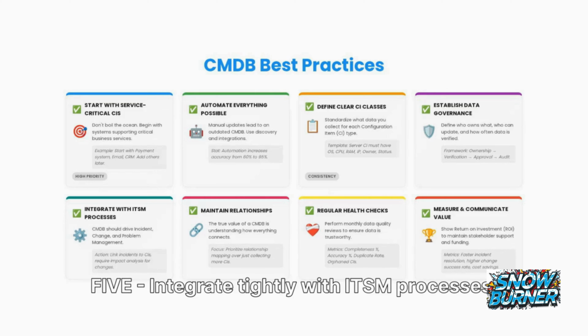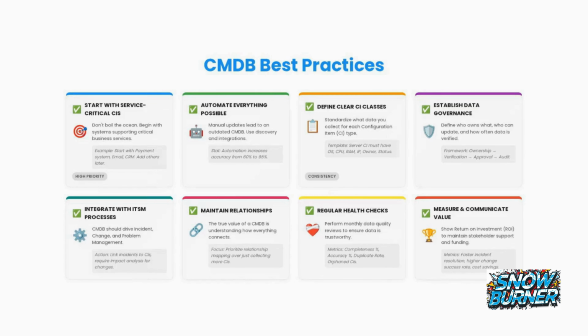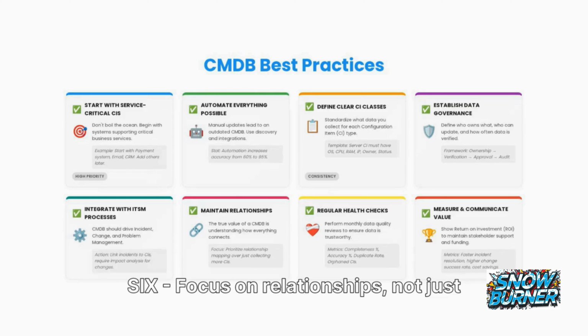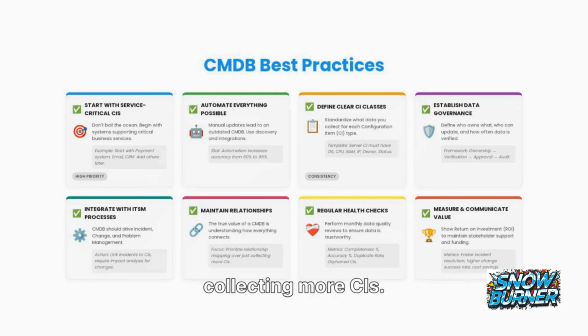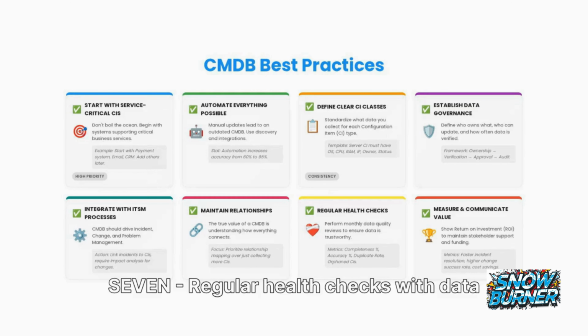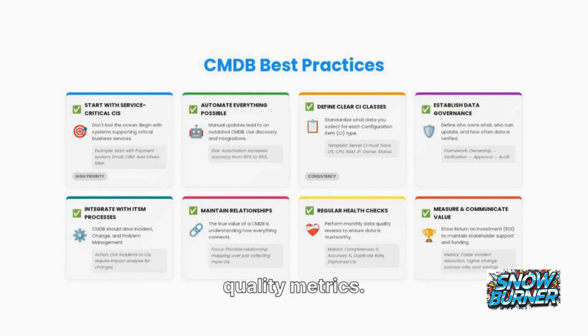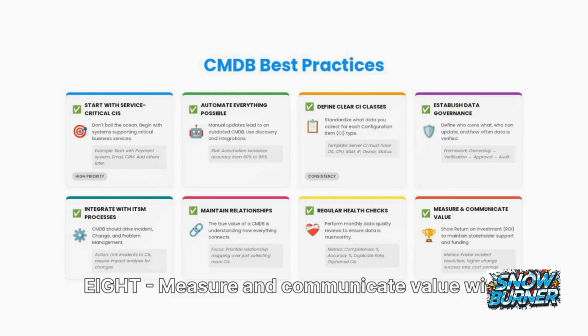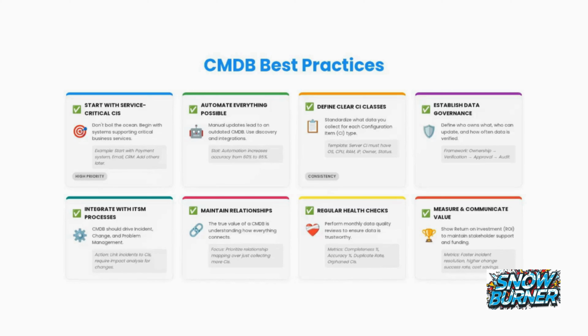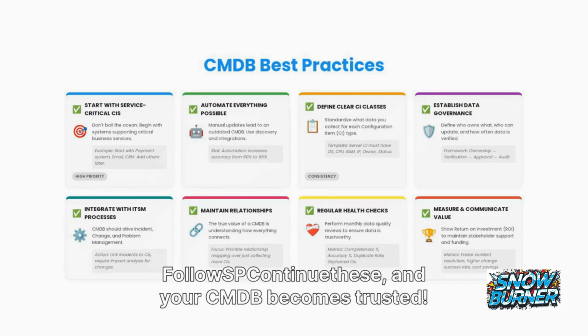Integrate tightly with ITSM processes. 6. Focus on relationships, not just collecting more CIs. 7. Regular health checks with data quality metrics. 8. Measure and communicate value with ROI metrics. Follow these practices, and your CMDB becomes trusted.